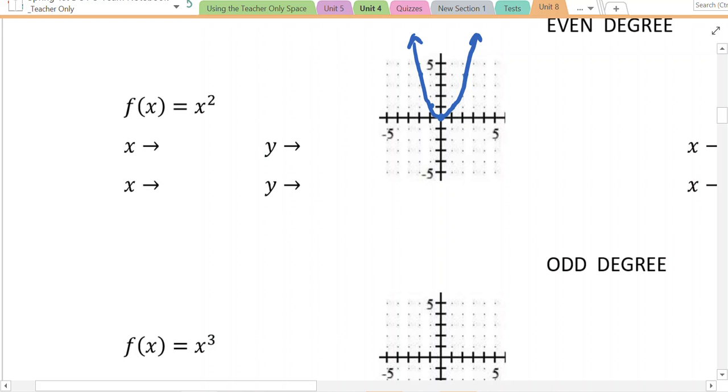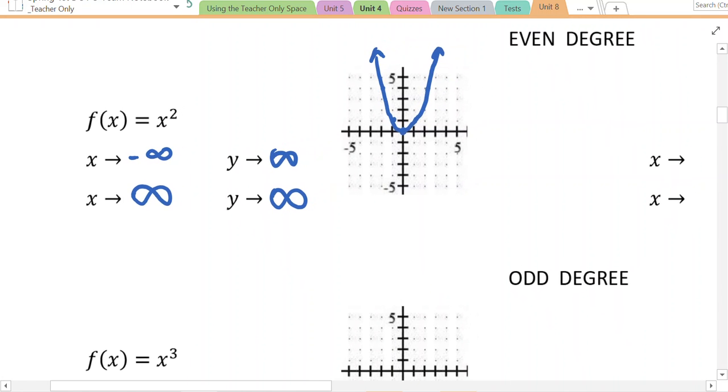Notice what's going on for my end behavior. As x approaches negative infinity, y approaches infinity. As x approaches infinity, y approaches infinity. Right? So notice, both go in the same direction.